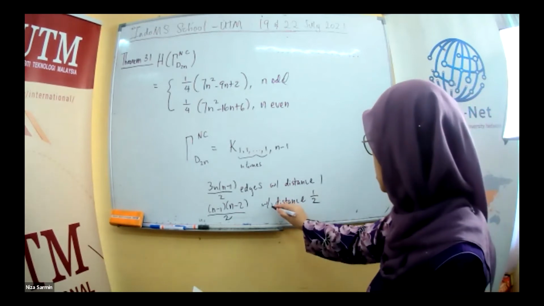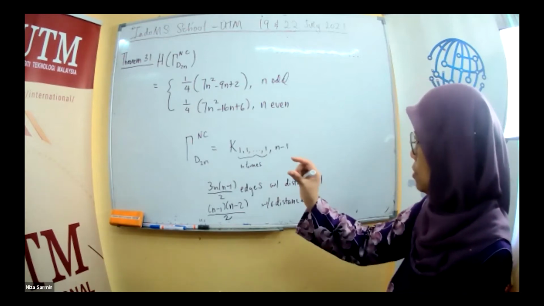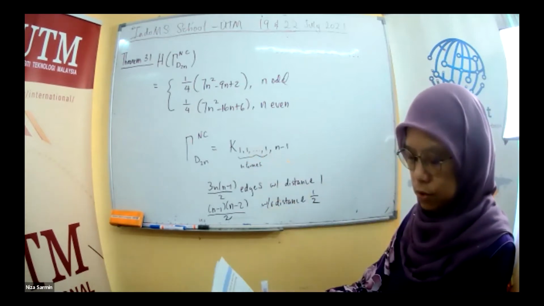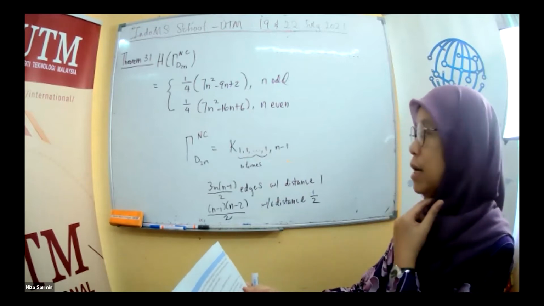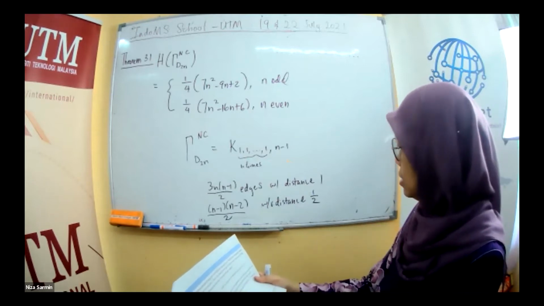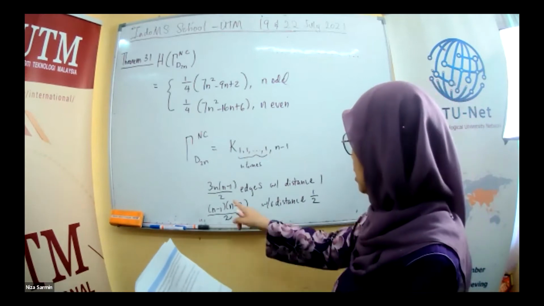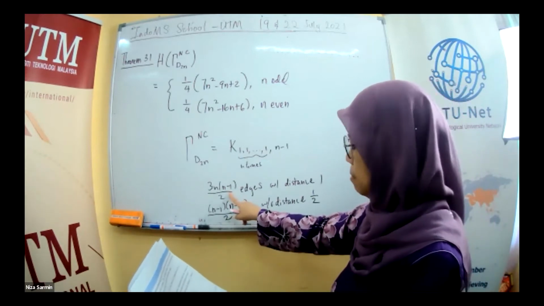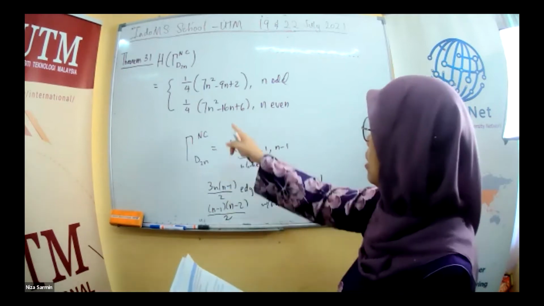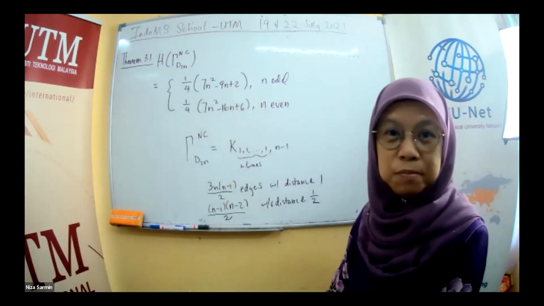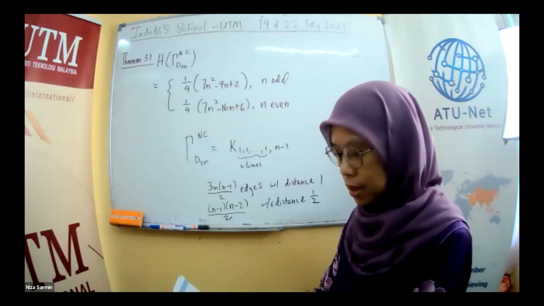The distance is 2, but the reciprocal distance is 1 over 2. And the Harary index you can find by adding up the number of edges, and particularly you add this up with this one, yeah? Then you get to this one. So it's pretty straightforward for that particular one.